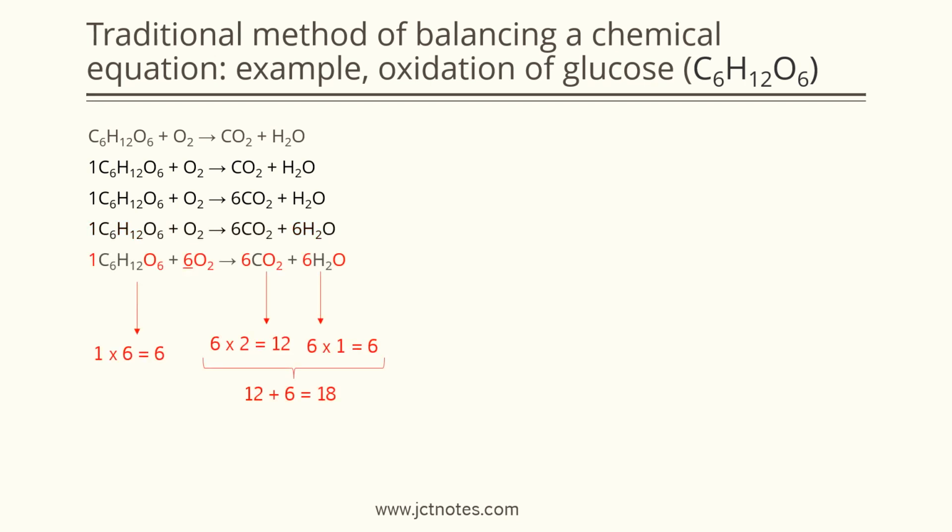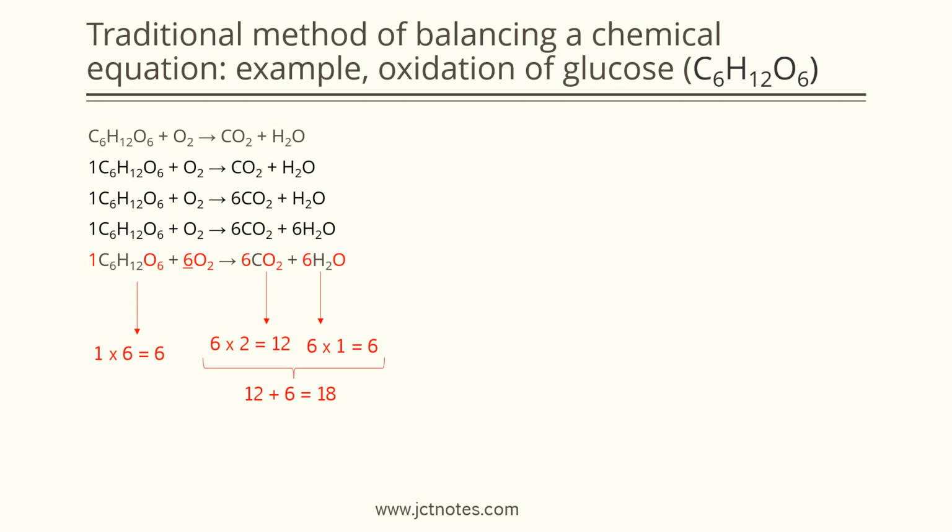We only have the molecule of oxygen and the atoms of oxygen to adjust. In the reactants, we have 6 oxygens provided by the molecule of glucose and an unknown number of molecules of oxygen. In the products, we have 12 atoms of oxygen provided by 6 molecules of carbon dioxide and 6 atoms provided by 6 molecules of water. 12 plus 6 equals 18.